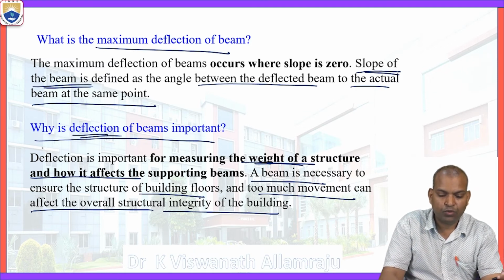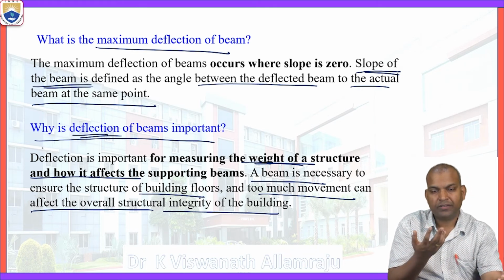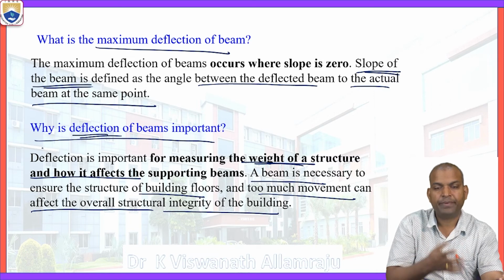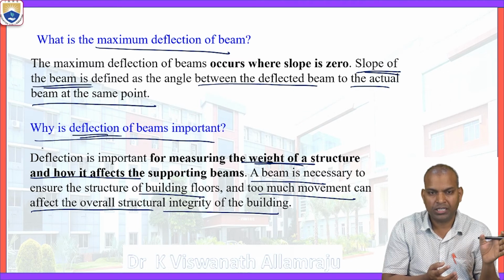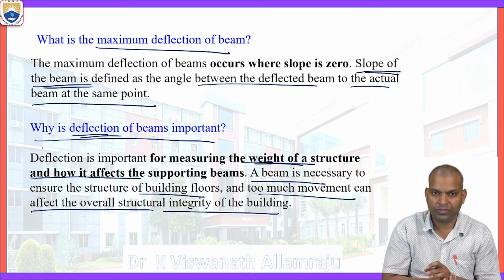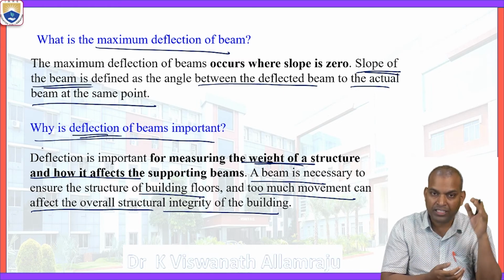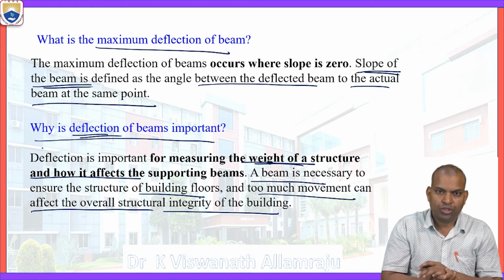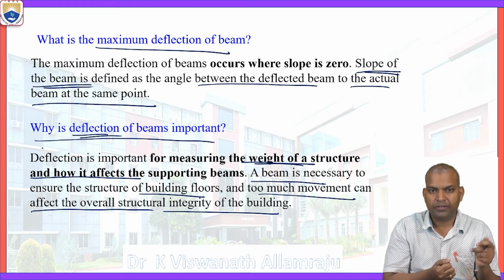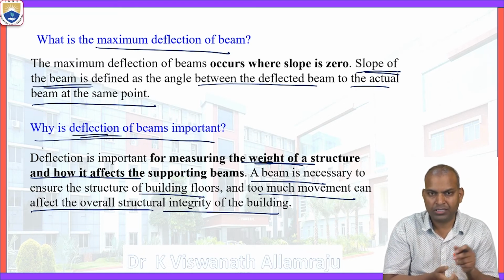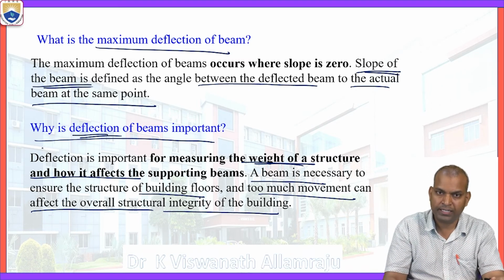Cyclic loading causes vibrations. When the operating frequencies are equal or close to the natural frequency of the structure, it causes the resonance phenomenon, and the maximum displacements will occur. So to avoid catastrophic failures, deflections are important for dynamic loads, and also for static loads.